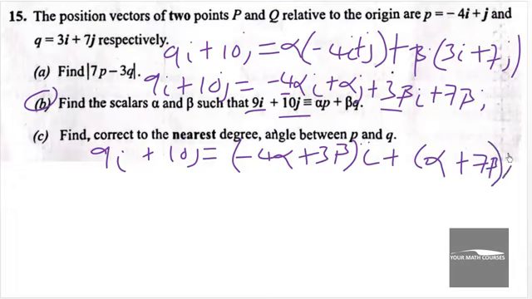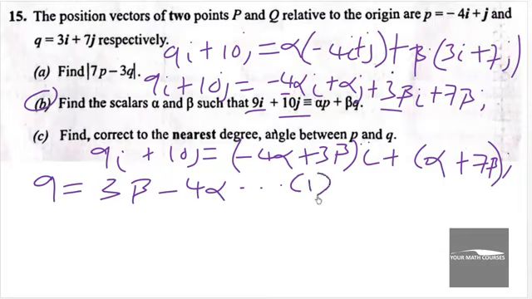So comparing the corresponding terms, we have 9 equals 3 beta minus 4 alpha. We can call this our first equation. Then we also have 10 equals 7 beta plus alpha.